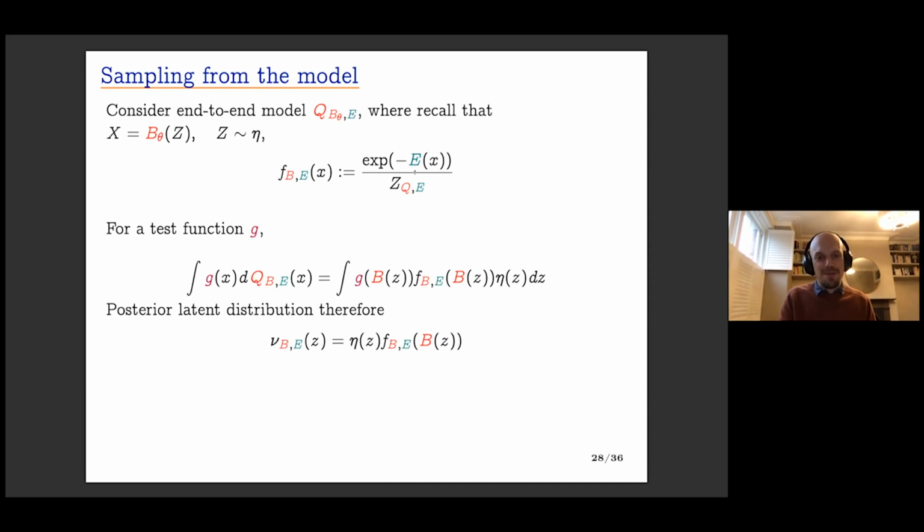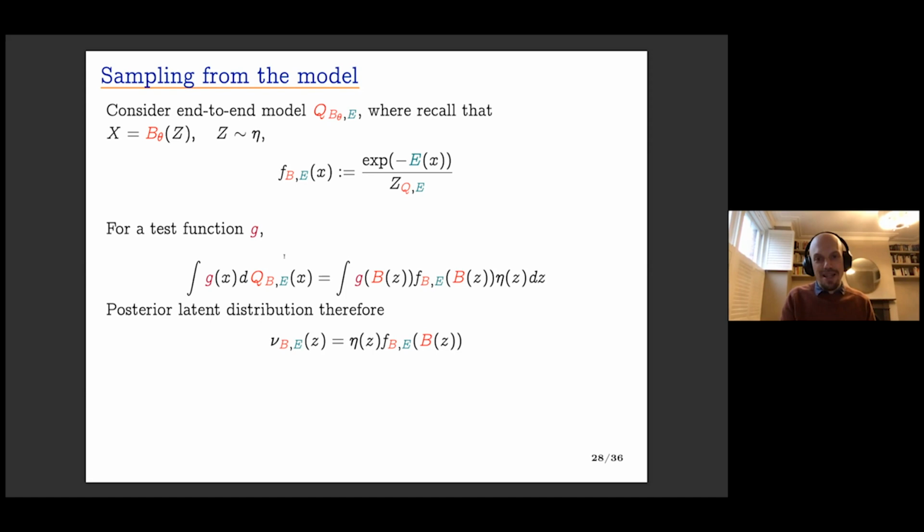What will motivate this smarter approach is to think about what the posterior over the latent space of my generator looks like. I want a posterior distribution over Z which incorporates this energy function, okay? So I'm placing more mass on certain code words in my latent space and less mass on other code words.